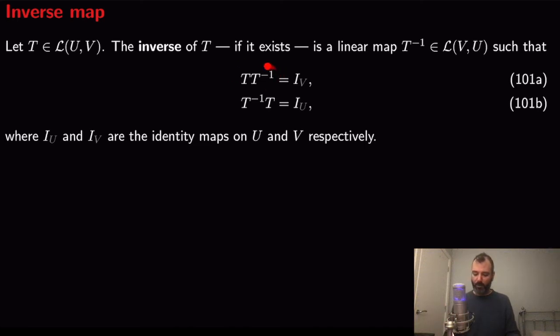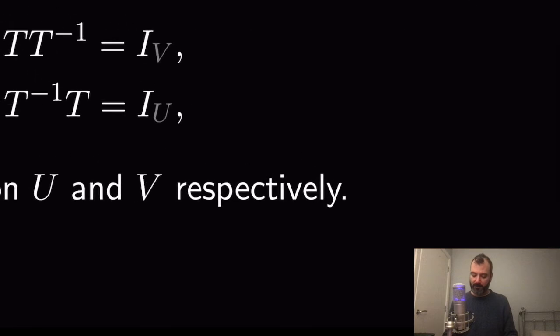If you compose T with T minus 1, if you multiply them, if you take the product, this gives you the identity map. And if you do T minus 1 T, you get the identity map as well. What are these subscripts here?